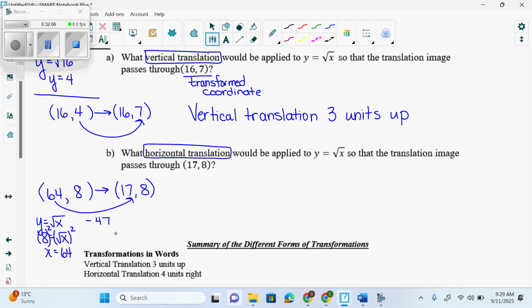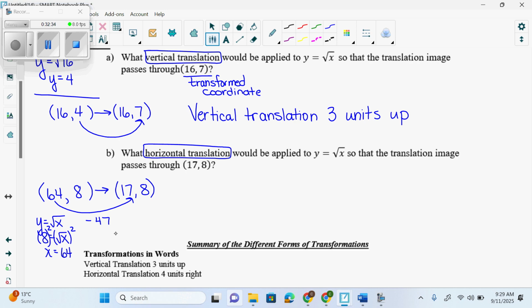Root x plus h. H is under the root. But you're putting what in? X and y. What x and what y? Y is 8 and x is 17. So if you put that into your original and you're solving for the h that you're trying to find in the middle, what did you get? 47.